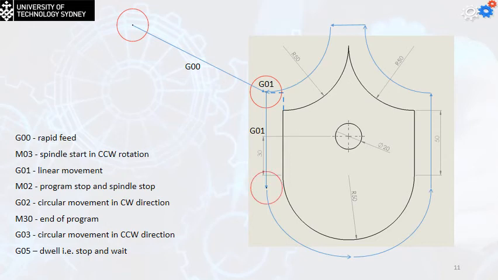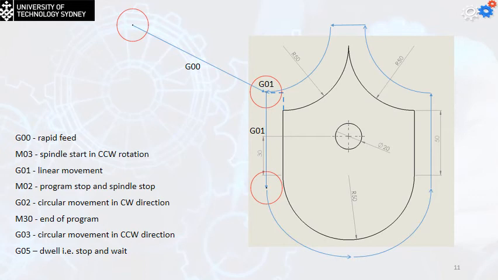To find the coordinates of this one, we go up by 50, then minus 5. So the x value will remain the same, the z value will remain the same, and the y value is going to be equal to 45. So the fourth line is going to be G01, y is equal to 45.